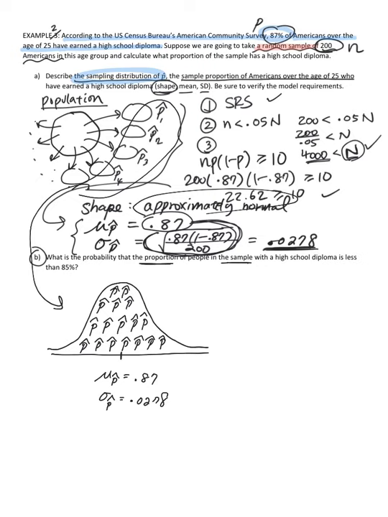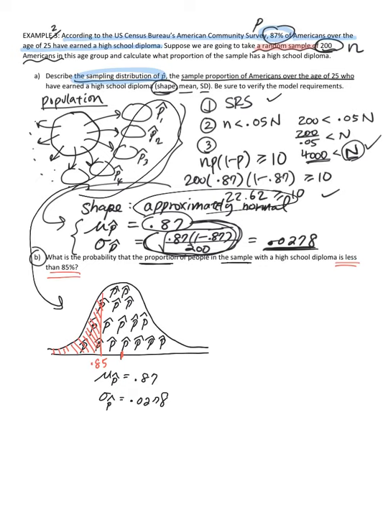So we want to find the probability that the proportion of people in the sample with a high school diploma is less than 85%. So 0.87 is here, and 85% is somewhere here, 0.85, less than that.